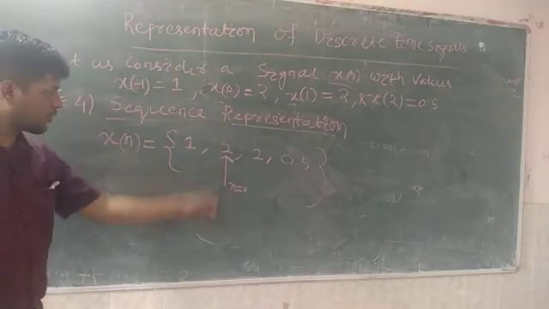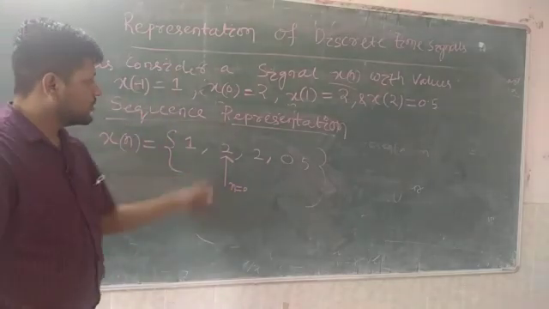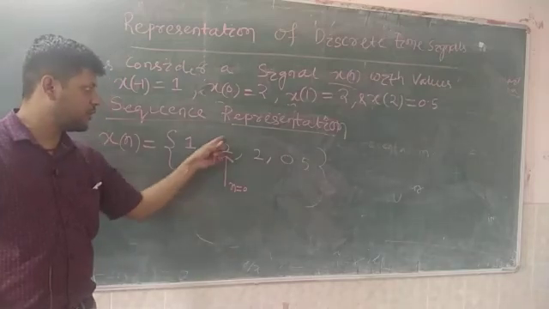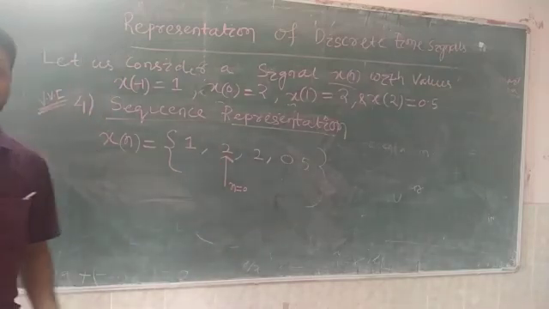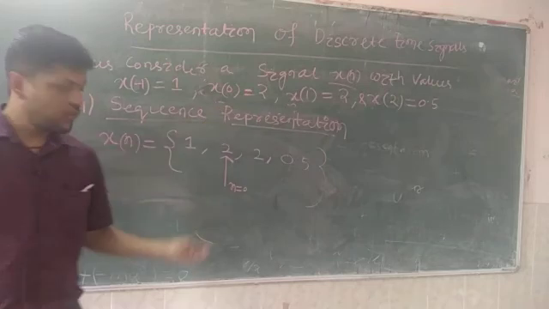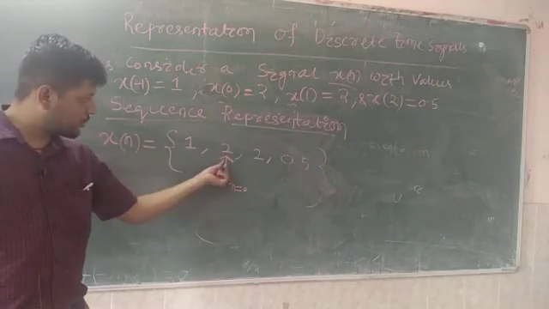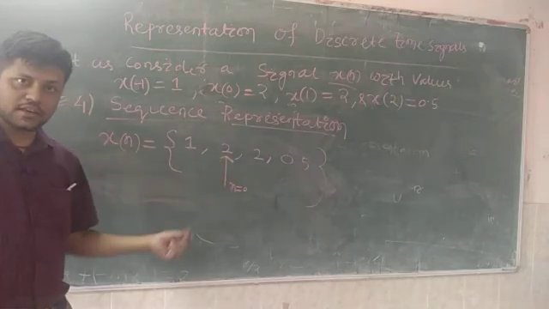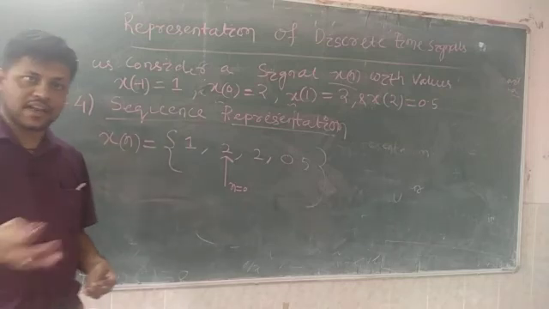This arrow mark points to the origin. So for n is equal to 0, the amplitude value is 2. When we move the pointer towards the left of the origin, that indicates we are moving towards the negative x-axis.